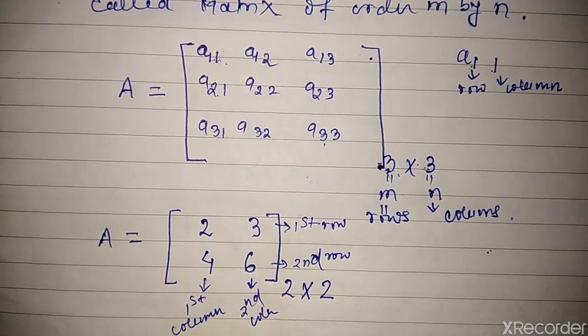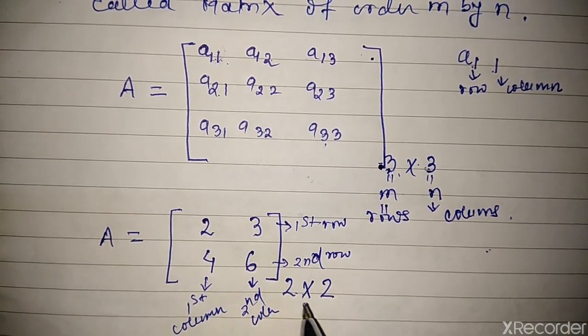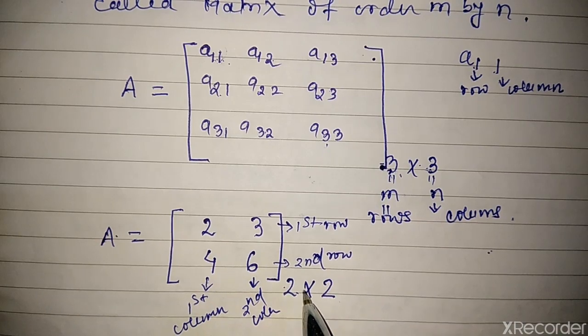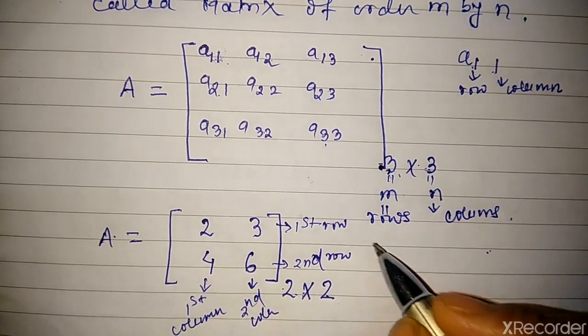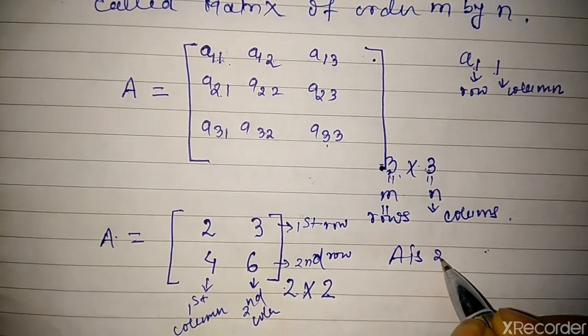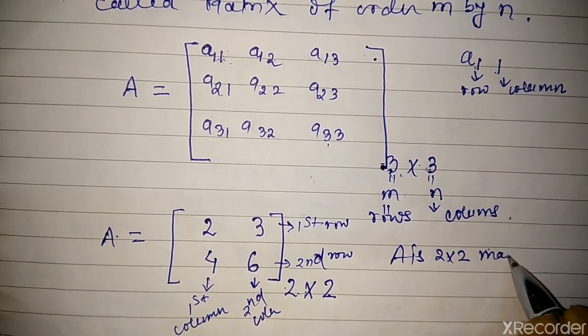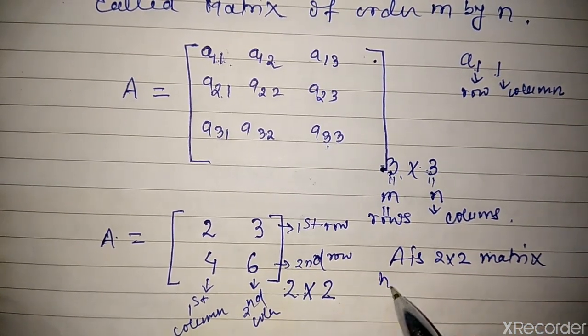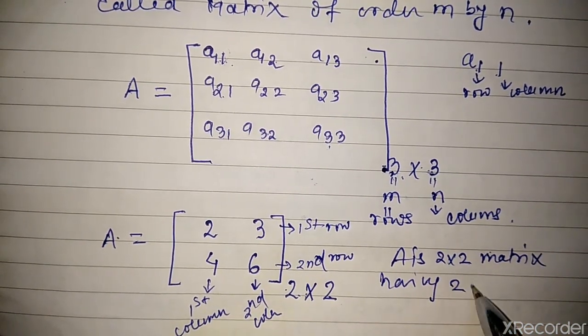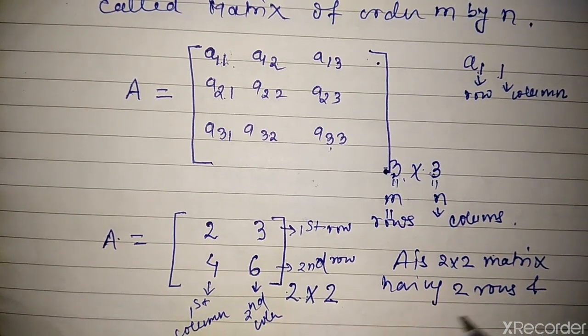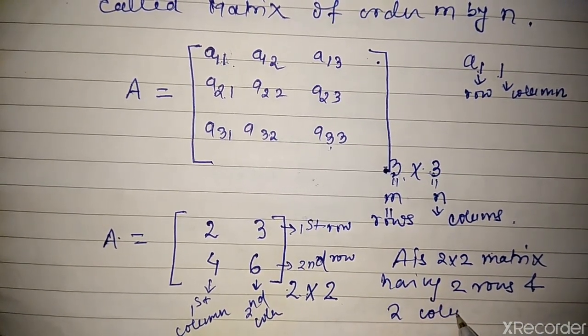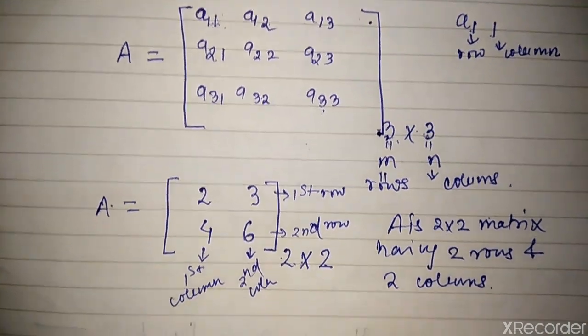Fine. So here A is a 2 cross 2 matrix having 2 rows and 2 columns. Okay.